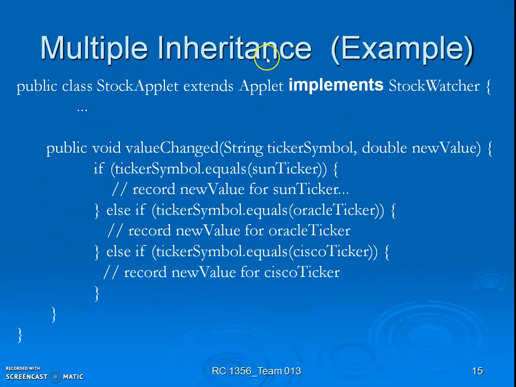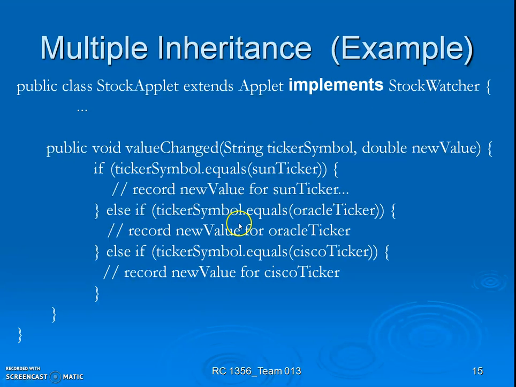It's a simple example of multiple inheritance, where a class extends Applet and implements an interface called StackWatcher. Public class StackApplet extends one class and implements another interface. So two parents and one child, that's why we can achieve multiple inheritance features in Java by using interfaces.